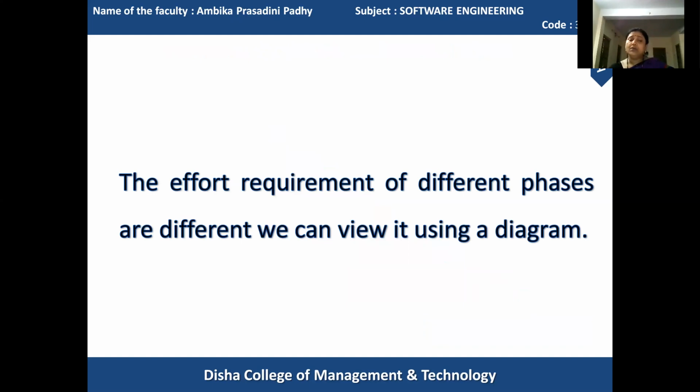Let us go to what the effort requirements are for different phases when we use it. When the real work starts, what will be the effort requirement for conducting a particular phase of operation? So let's have some idea about it.